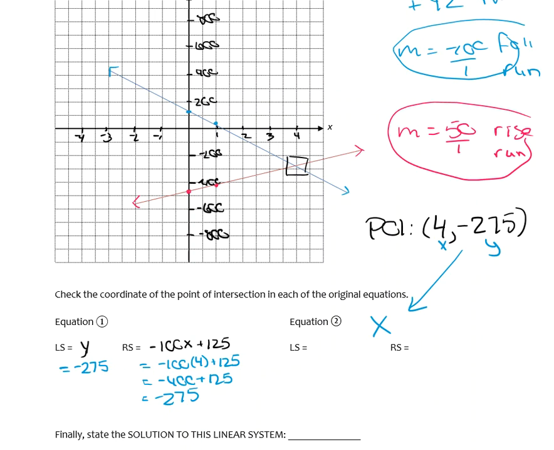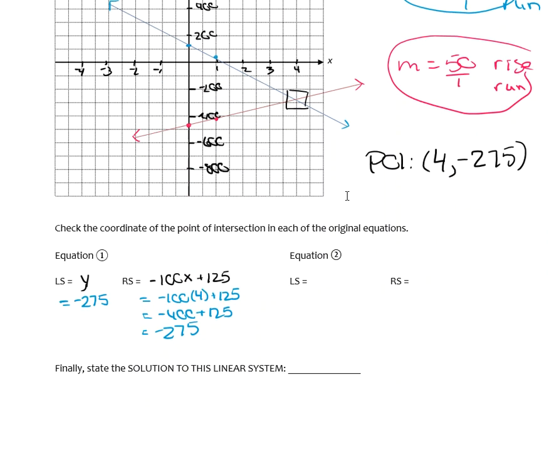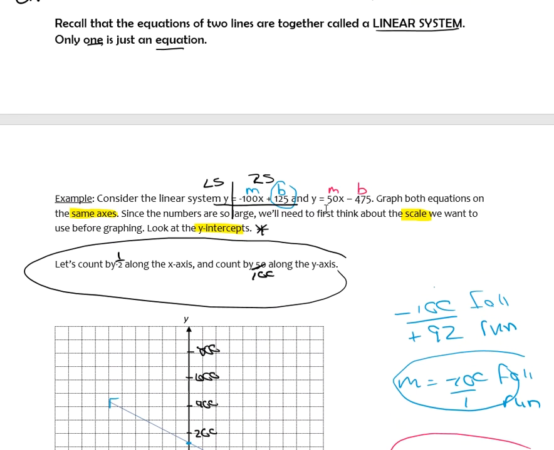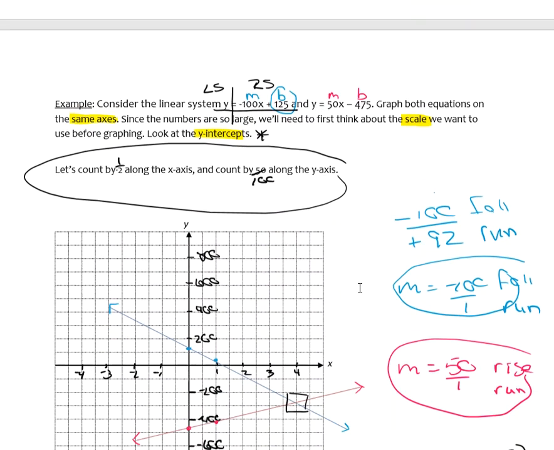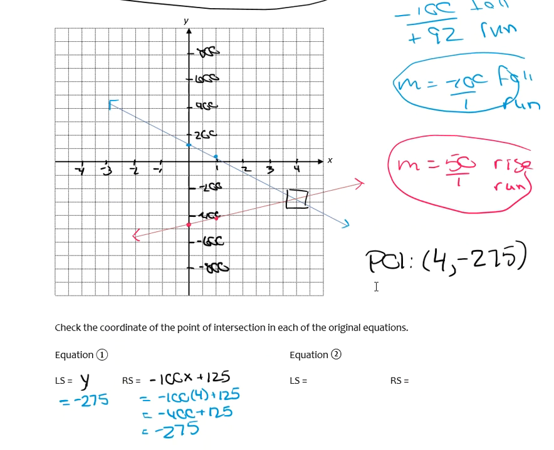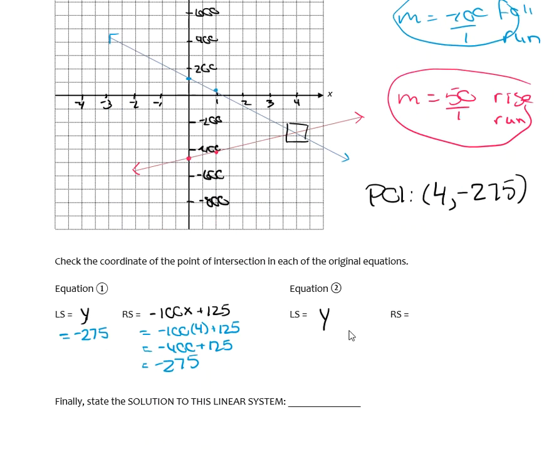I want to know if this is my point of intersection. So now I have to take that point of intersection and sub it into the pink line and see if we get left side equal right side. Then it will mean it's on the pink line. So equation 2 was y equals 50x minus 475.